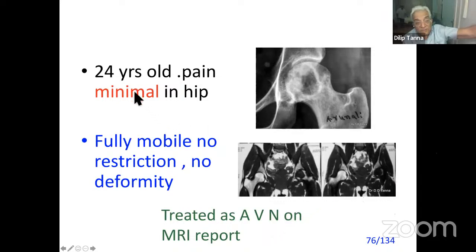Minimal pain, fully mobile, no restriction, no deformity. He was still advised core decompression. You may know very well that AVN asymptomatic on one side with such an MRI finding is most unlikely. So we couldn't put together this MRI finding, this X-ray, and this normal hip.